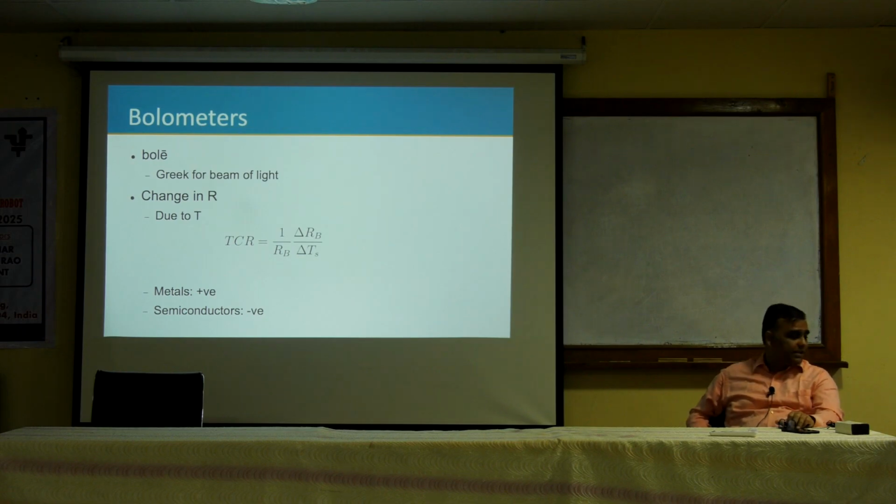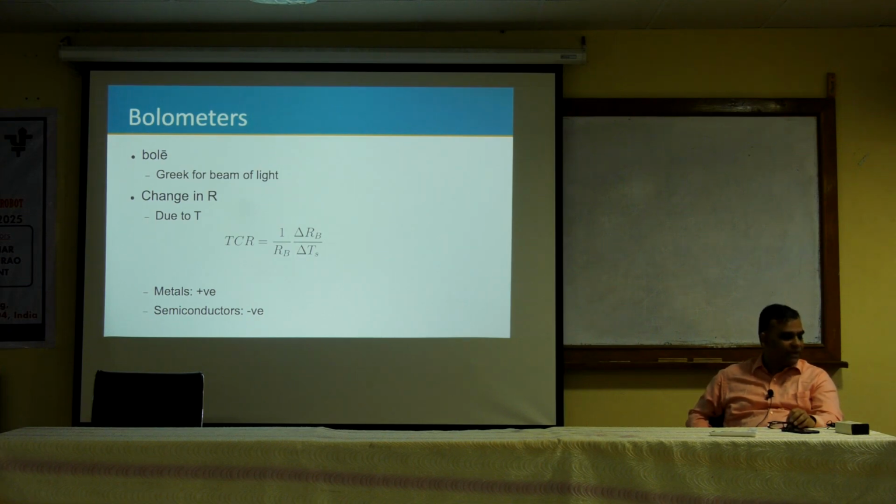The word bolometer comes from bole, which is Greek for beam of light, and these sensors work in a much simpler fashion. Essentially, their resistance changes with temperature.